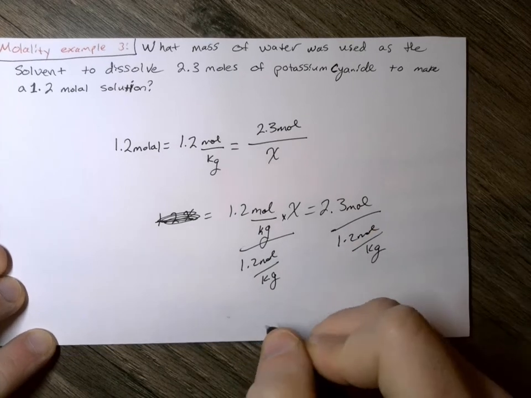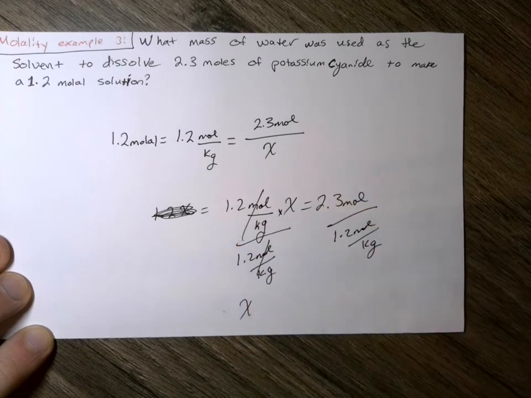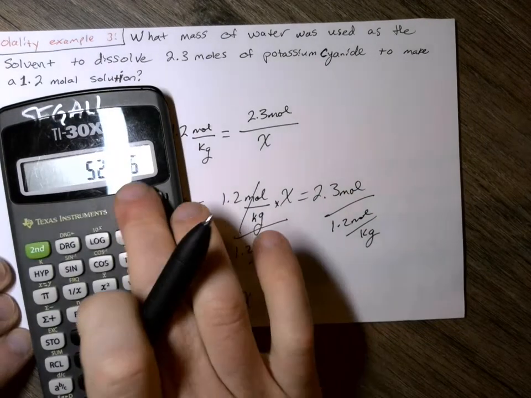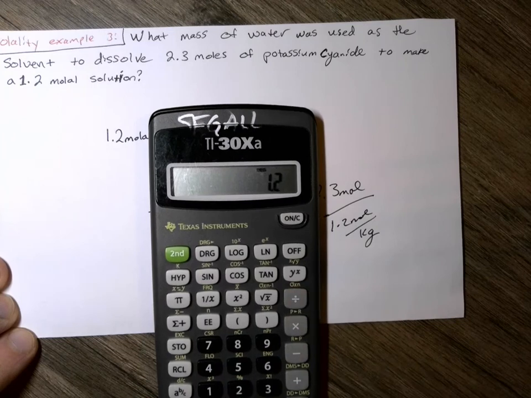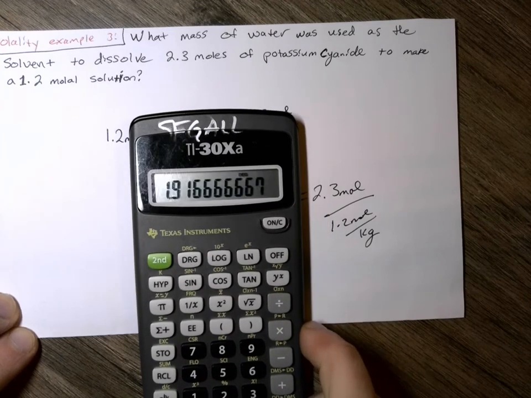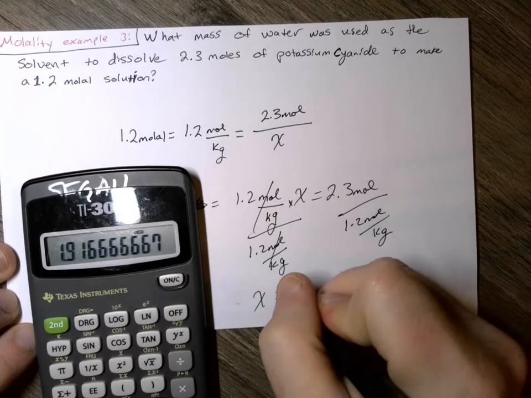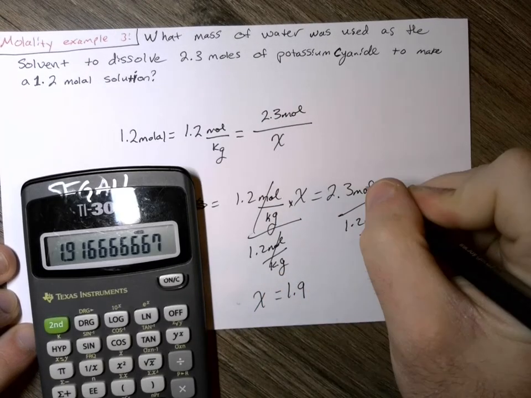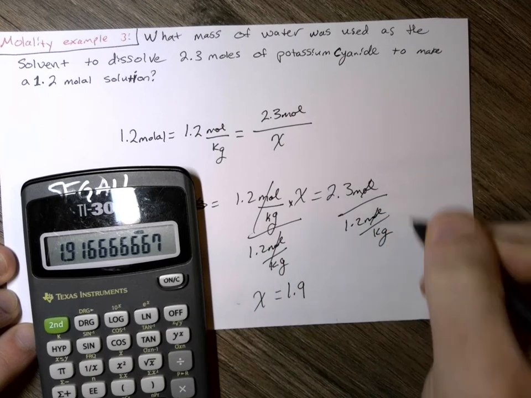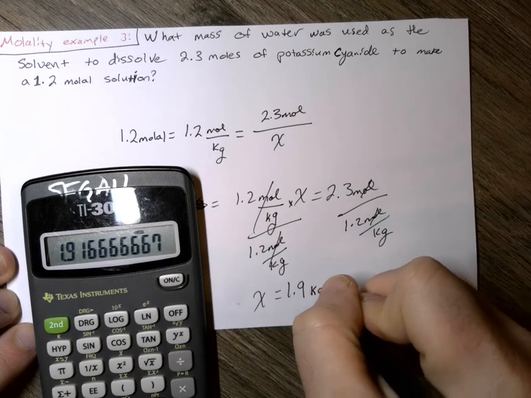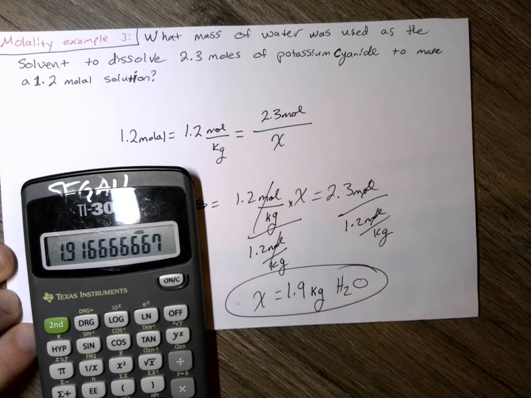And this is going to leave me with 2.3 over 1.2, 1.9, so X equals 1.9. The moles cancel here, and the kilograms are in the numerator, so 1.9 kilograms of H2O. And that is how we would solve for this problem.